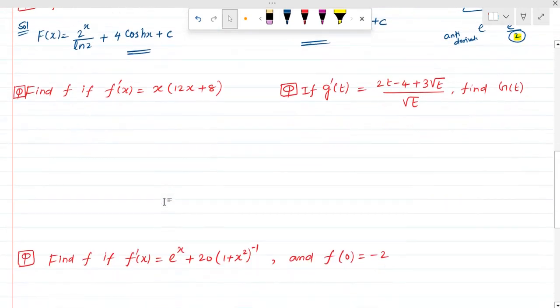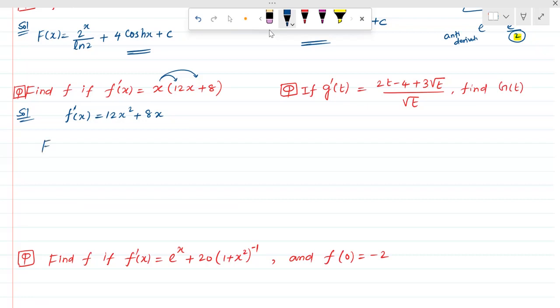Now here we have to first multiply, then we will do it. Multiply inside. F prime of x is equal to 12x square plus 8x. Then we have f prime. Now I will find f of x. What is f of x here?